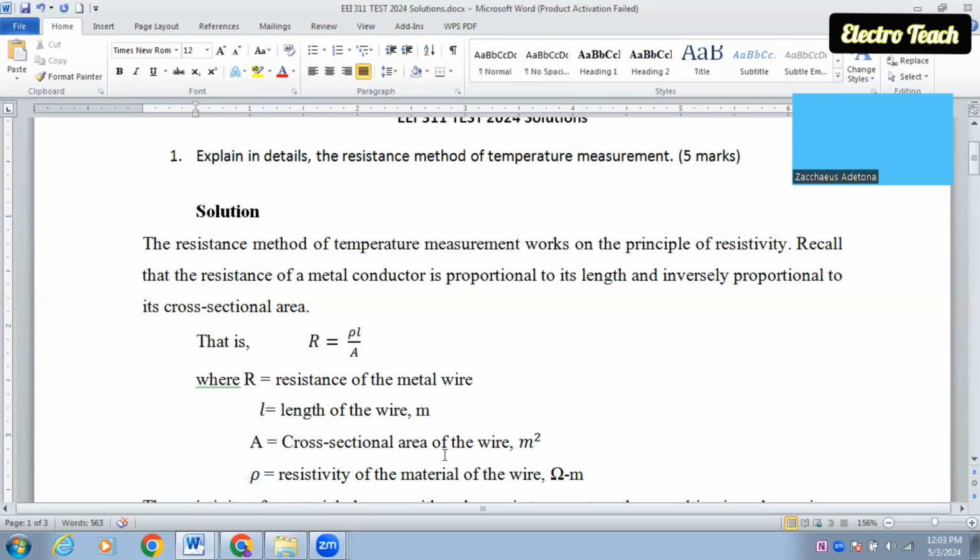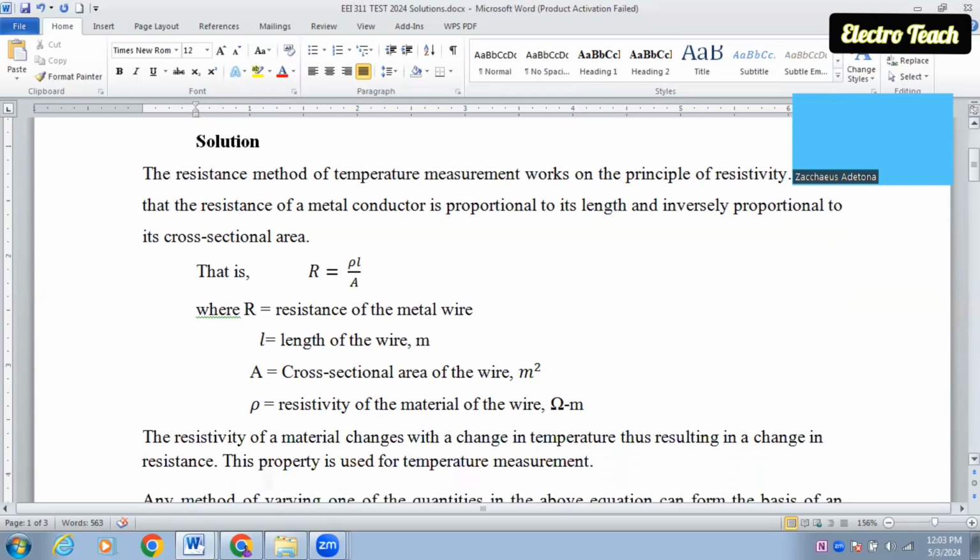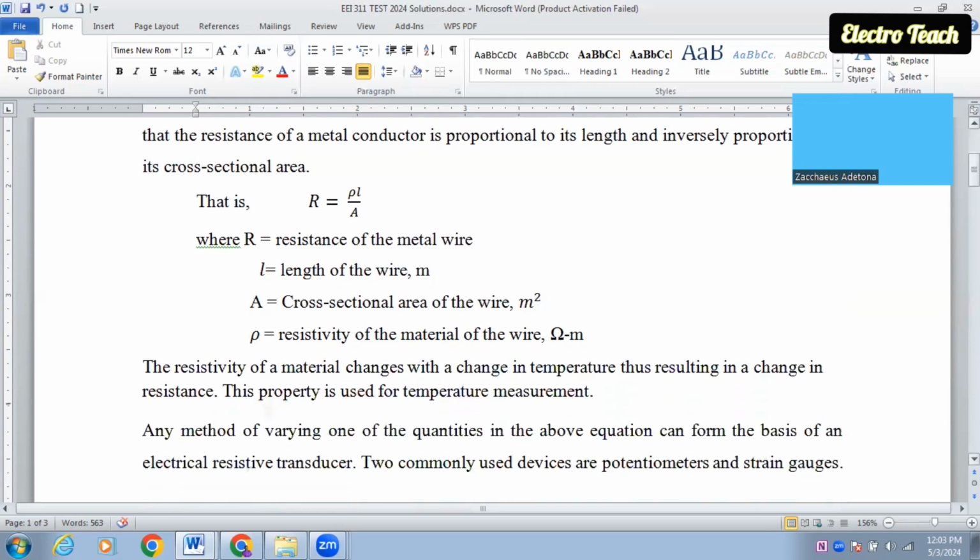A is the cross-sectional area of the wire in meters squared, and rho is the Greek letter representing the resistivity of the material of the wire measured in ohm meter. Okay, so these are the properties of a metallic conductor.